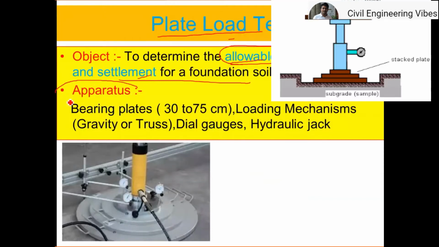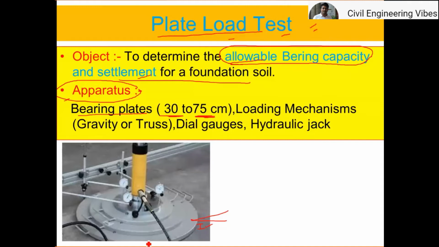Now coming to the equipment used for the testing. Bearing plates: the minimum size is 30 cm in diameter and the maximum is 75 cm in diameter. These bearing plates are made of steel, with a thickness of 30 to 35 cm depending on the foundation surface of the soil.